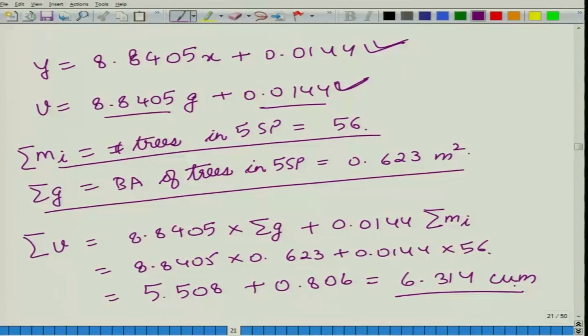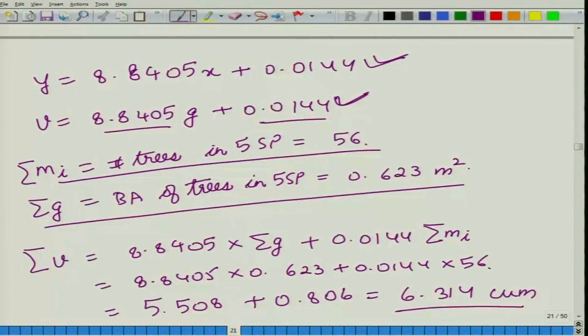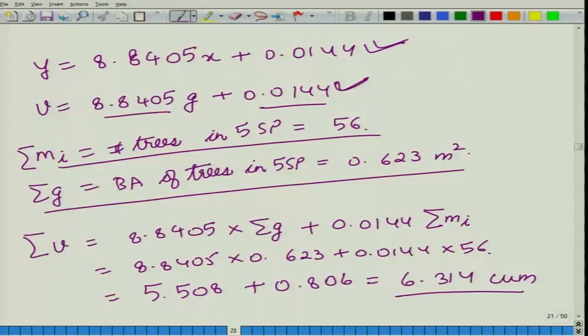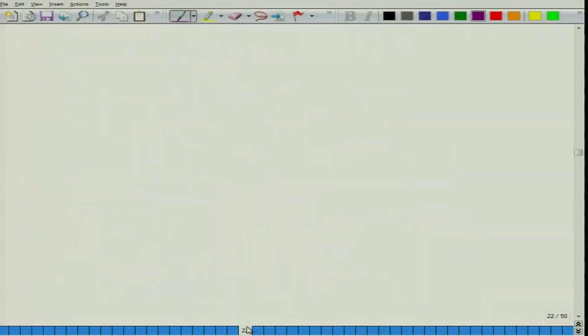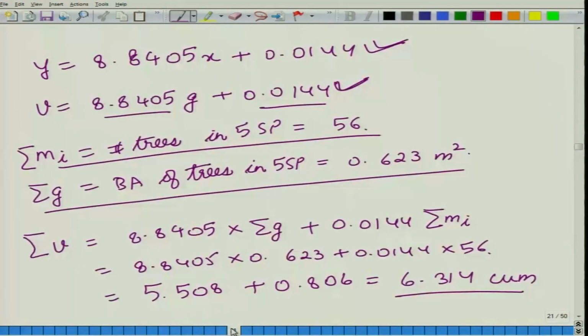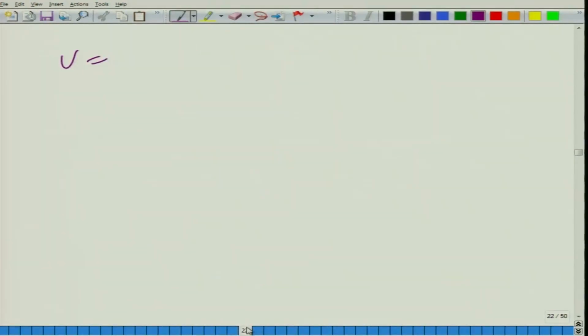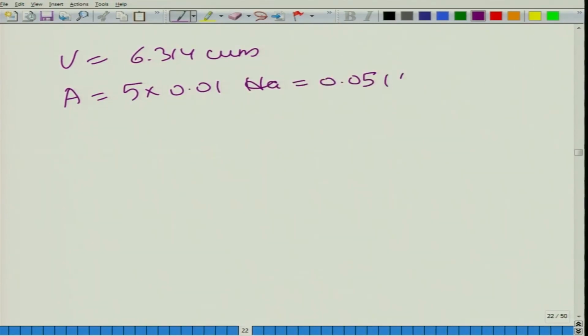So we have this total volume of 6.314 cubic meter in 5 sample plots, and we are given that the area of each sample plot is 0.01 hectares. So the volume is 6.314 cubic meter in an area of 5 into 0.01 hectares, which is 0.05 hectares.